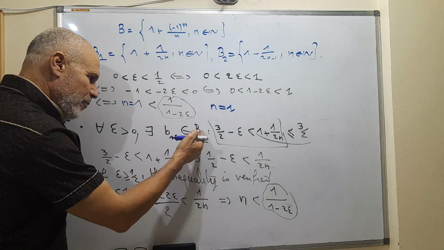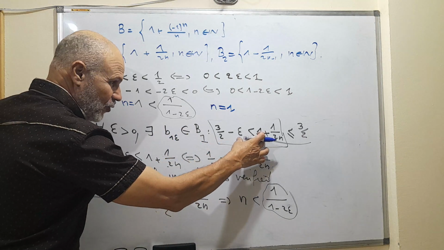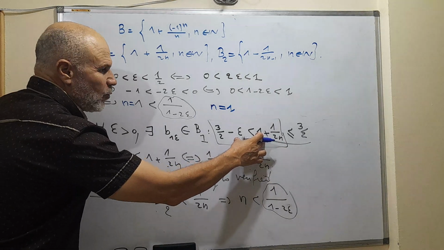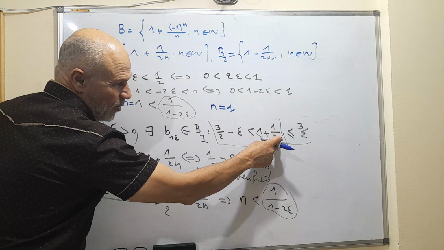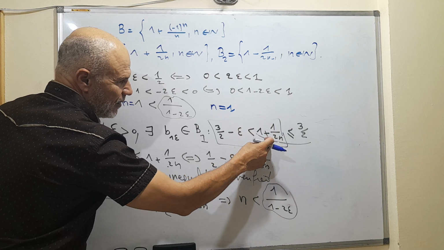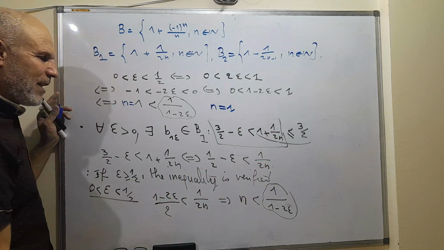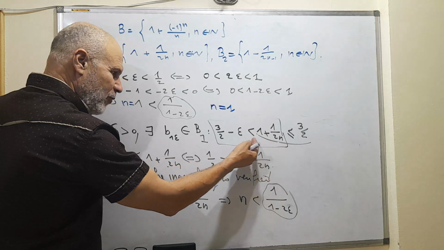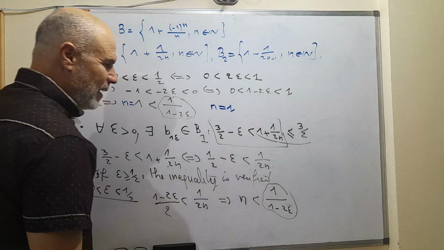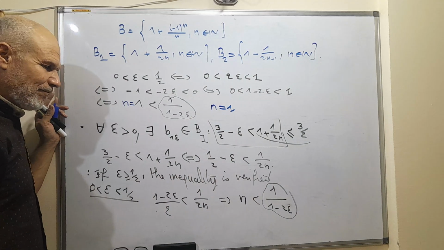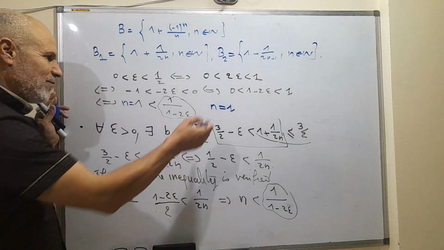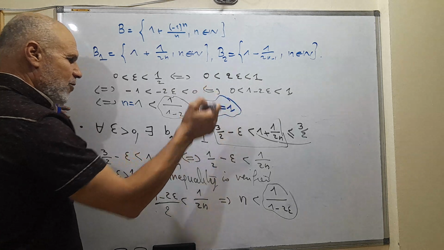Does an element from B1 exist such that this is true? Yes, for any epsilon. For n equal to 1, the number is 1 plus 1 over 2, which is 3 over 2. It will be true for any epsilon. So we answer the first question.